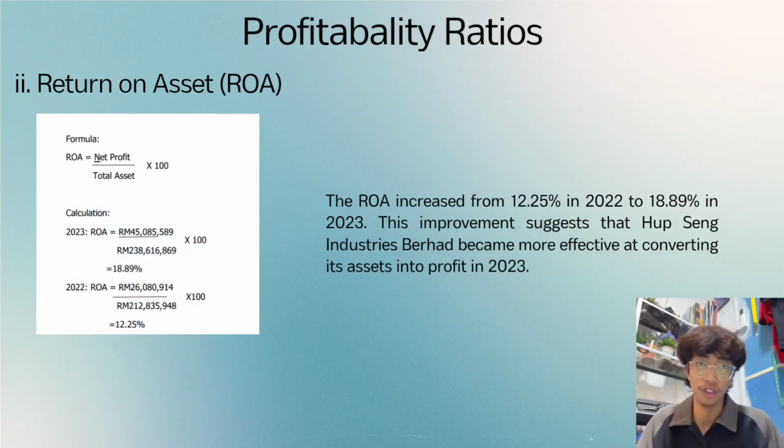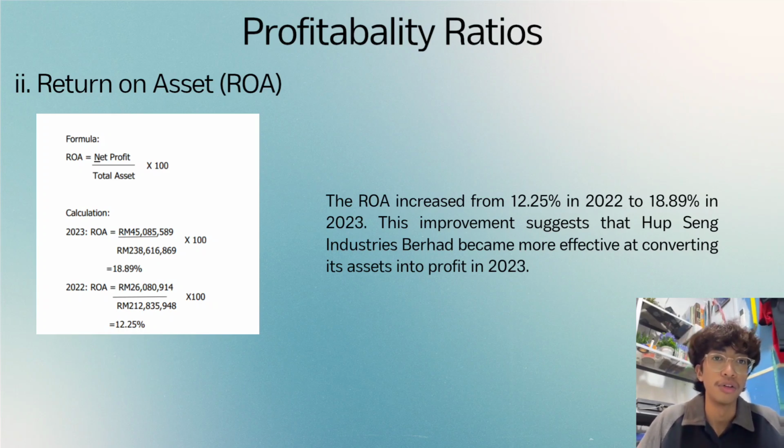Alright, now let's go to the return on asset, or we call it ROA. For the formula, ROA equals net profit divided by total asset, multiplied by 100. So for the Hup Seng annual year, in 2023, the ROA is 18.89%, and for 2022, the ROA is 12.25%.